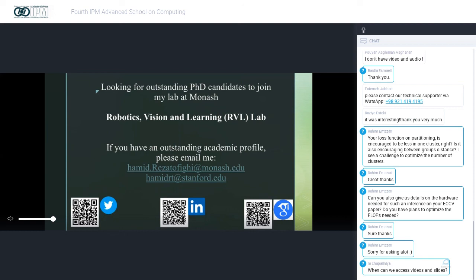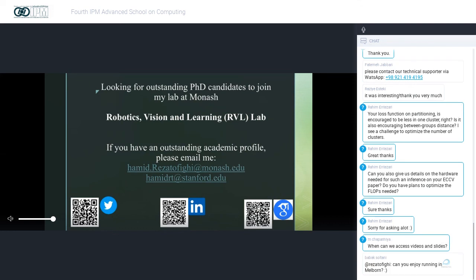As I said, a student working with me will have an opportunity to be connected to the ETH, TUM, and Stanford University labs. They might have an opportunity to visit the Stanford Vision and Learning Lab directed by Silvio Savarese and Fei-Fei, depending on their performance, and could potentially apply for a postdoc there as well.